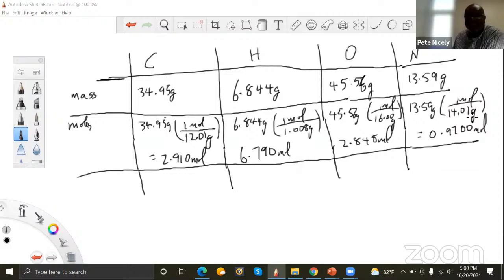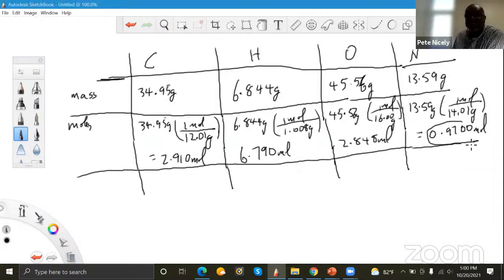You're absolutely correct. So the smallest one is this one right here. So when that is divided by itself, you're going to get 1 here. So you're going to divide by 0.9700 moles. So that would be 2.910 moles divided by 0.9700 moles for that one.